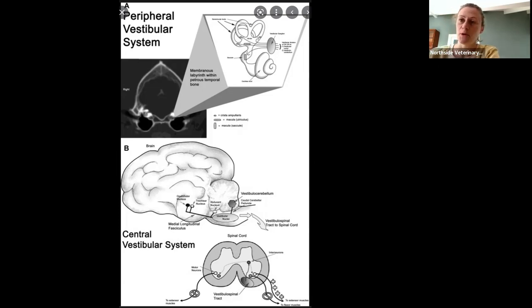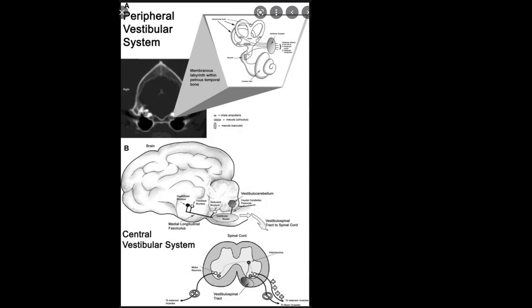And these little dots down the bottom of those semicircular canals are the actual nerve part, the sensory part of this. These canals contain fluid, so when you move your head a certain way, the fluid in those canals moves.